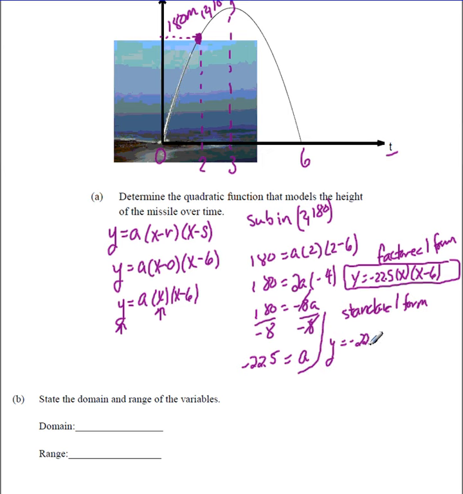So negative 22.5 times x minus 6 gives negative 22.5 x squared plus 6 times 22.5, which is 135.